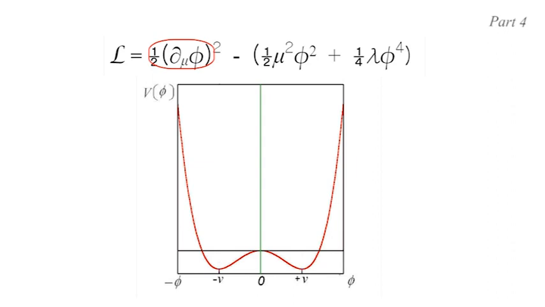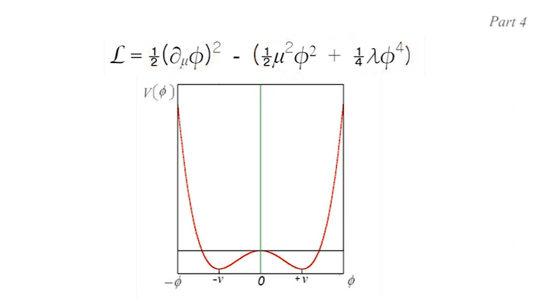If the two adjacent places are separated in the x direction by a small distance, then d phi by dx will be massive, which means one of the four contributions to the kinetic energy term, d mu phi all squared, will also be massive. The potential energy may well still be at a minimum if different places are at plus v and minus v for phi, but the kinetic energy will not be at a minimum.